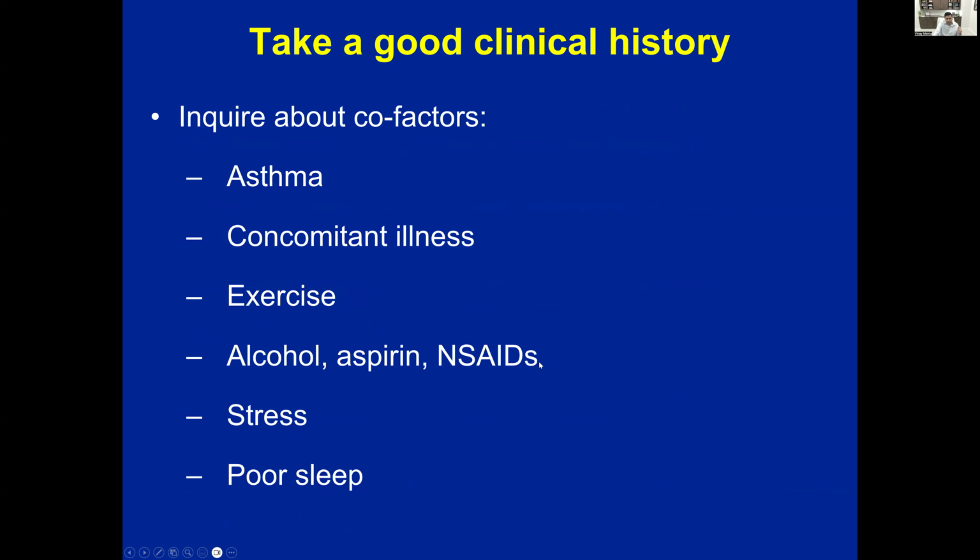And then you look for cofactors. This is important with food allergies. These are cofactors that actually can lower the threshold for mast cell degranulation.